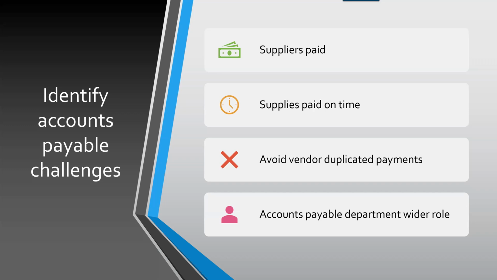And the accounts payable department has taken on a wider role. And what I mean by that is businesses out there understand that there's all of this opportunity for improvement, but they don't know how to get there. And so they think that sometimes just adding more is going to be better, but that doesn't always result in that truth.